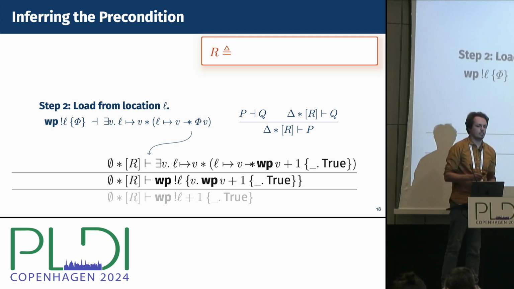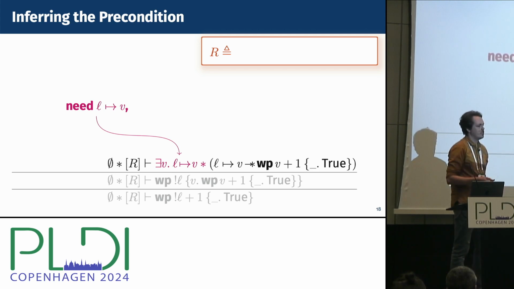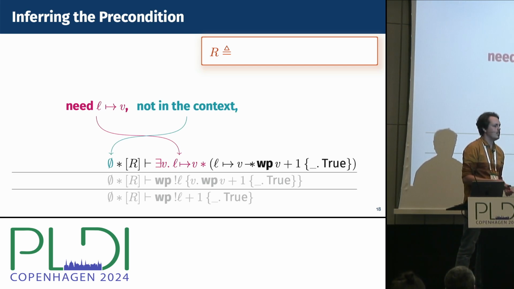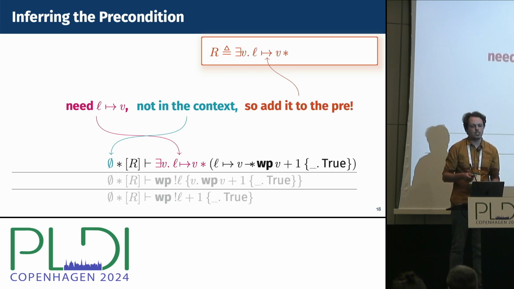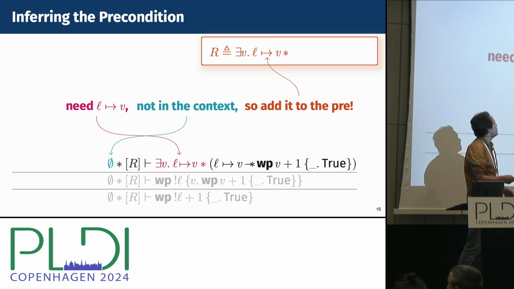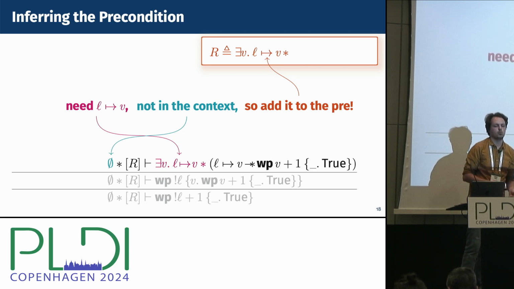But now things get interesting. We need to provide ownership of L points to V, but it's not in our context like it would be in a normal verification. And so what we do at this point is we add it to the precondition. So this is where we do our first inference. We say, well, as part of the precondition, you should really provide this ownership, the points to assertion.